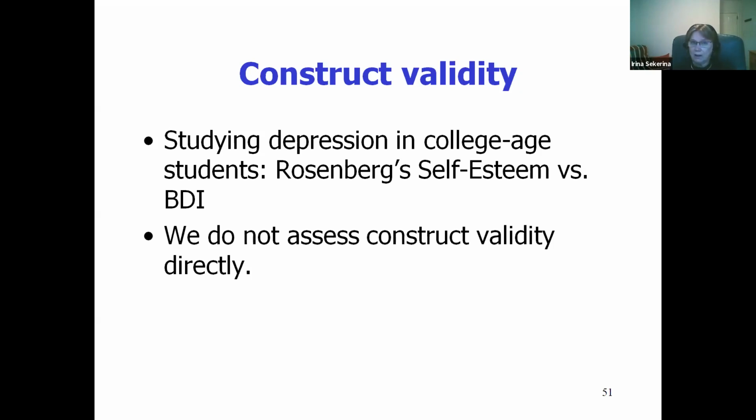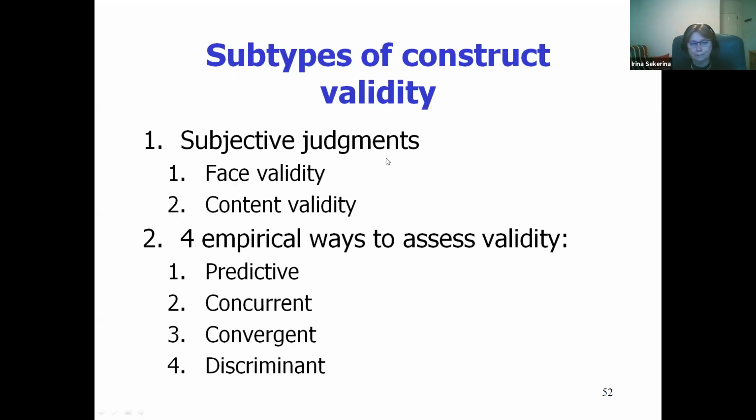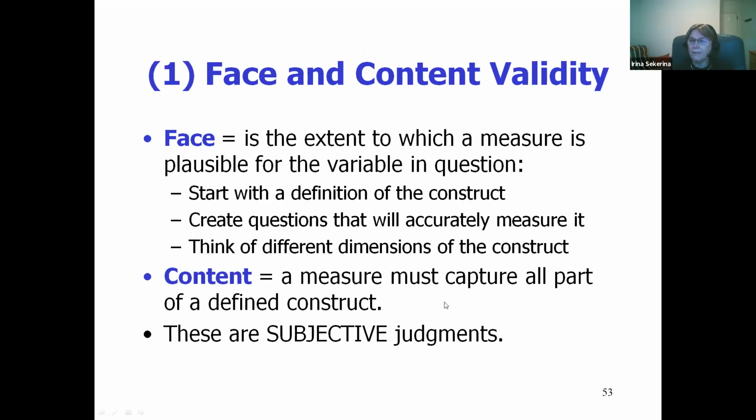And then we have to make sure that they have, first of all, construct validity. Okay, we're not going to talk about some of these, but we'll start with the subjective judgments, all right? Face and content validity. They're very similar to each other in a way.